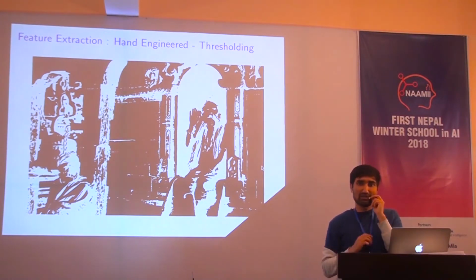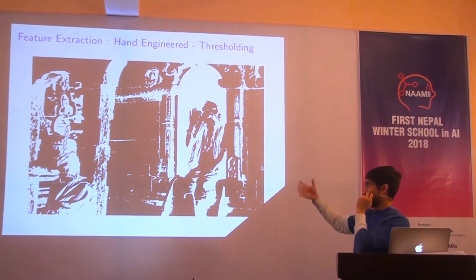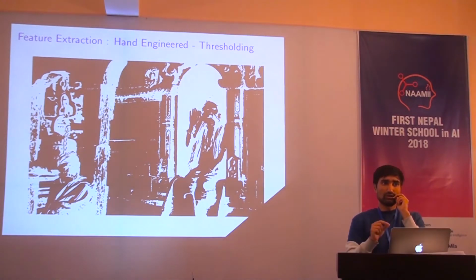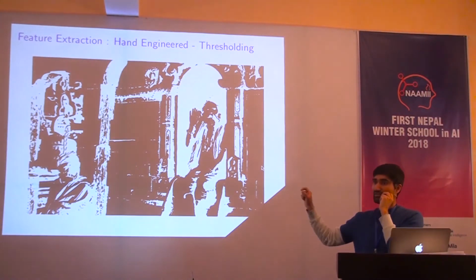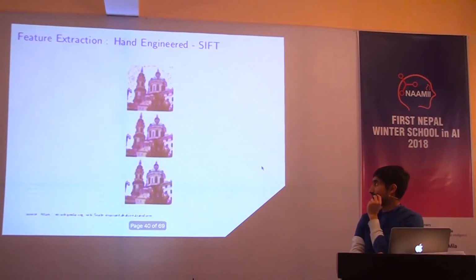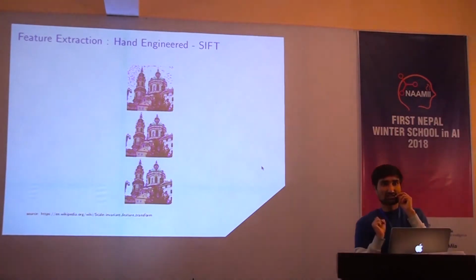If it's less than 50, I make it 0. Doing something as simple as that, you can get certain kinds of features, because it's now binary. If the values were 0 to 255, you have now reduced the range of the intensity values to binary.